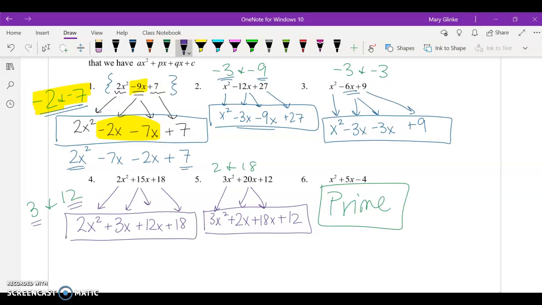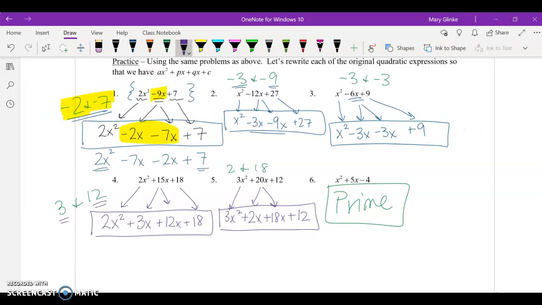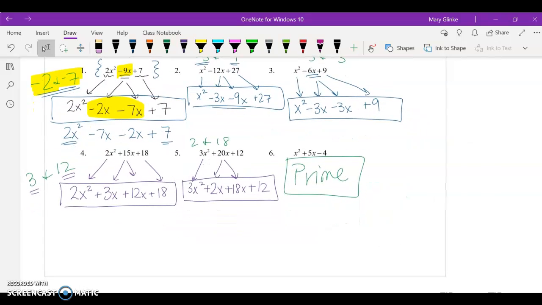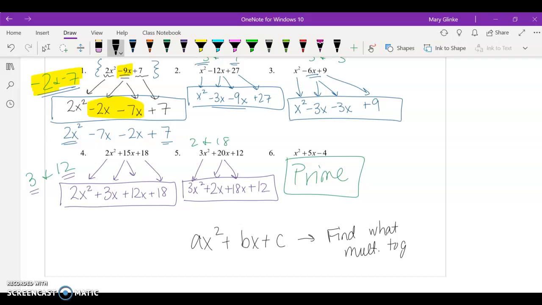So this process is called split the middle term. And as a reminder, from start to finish, you have ax squared plus bx plus c. You want to find what multiplies to get a times c and adds to get b.